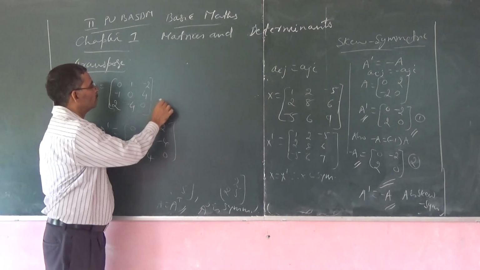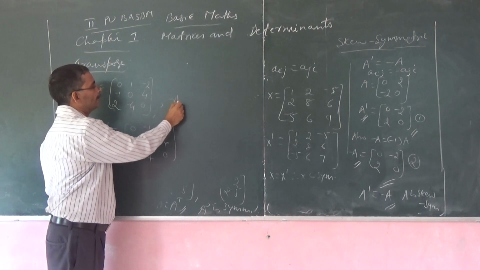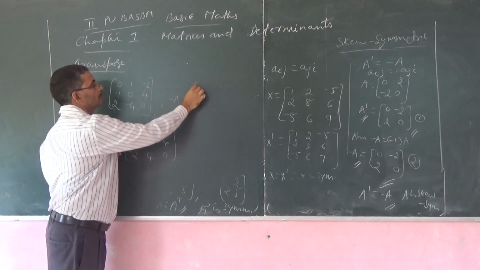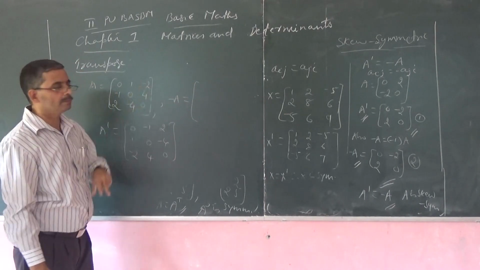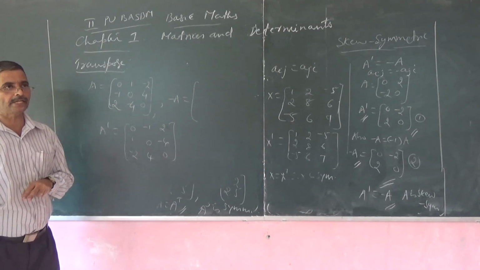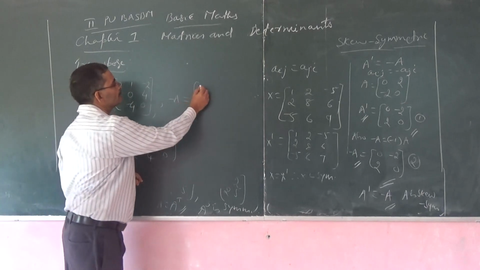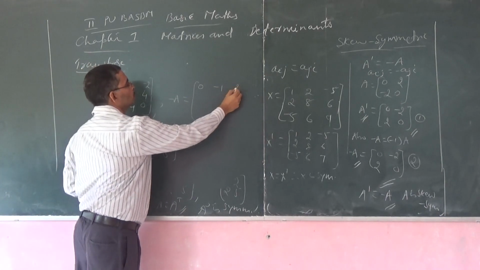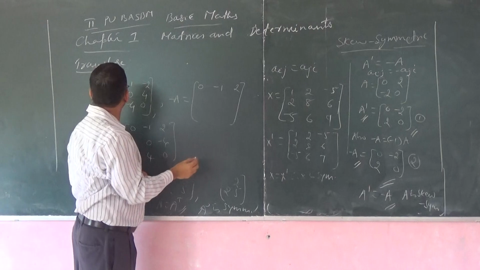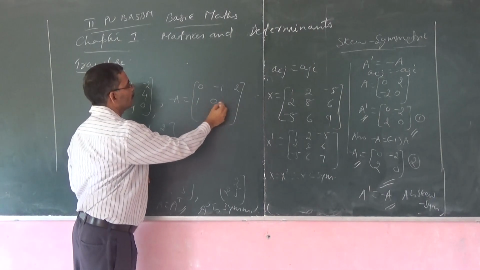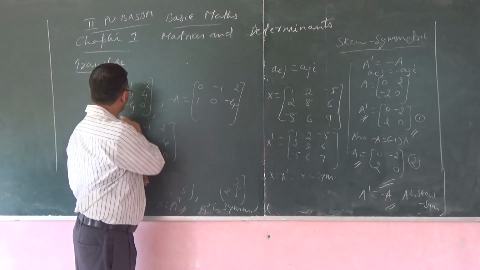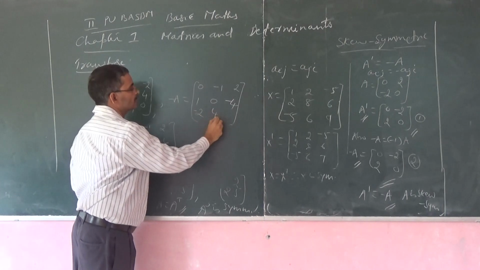Now this is A dash, so what is minus A? Minus A equal to minus 1 into A, every element should be multiplied by minus 1. So we will get 0, minus 1, 2. Next 1, 0, minus 4. Next minus 2, 4, 0.